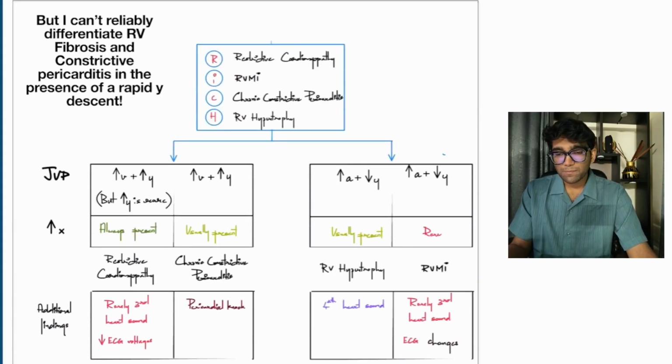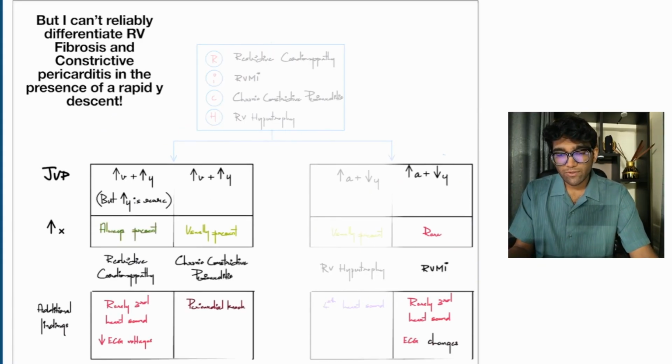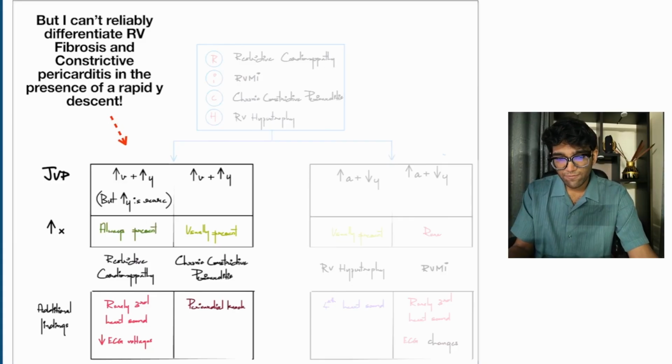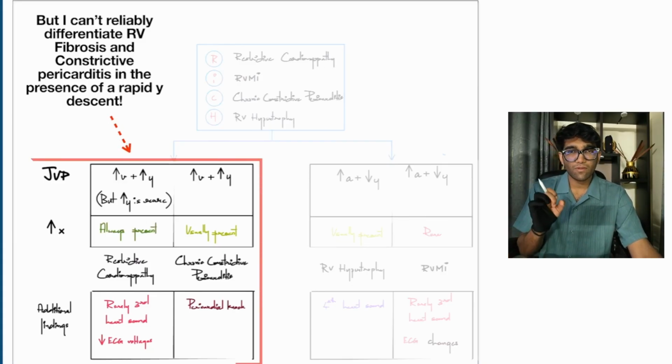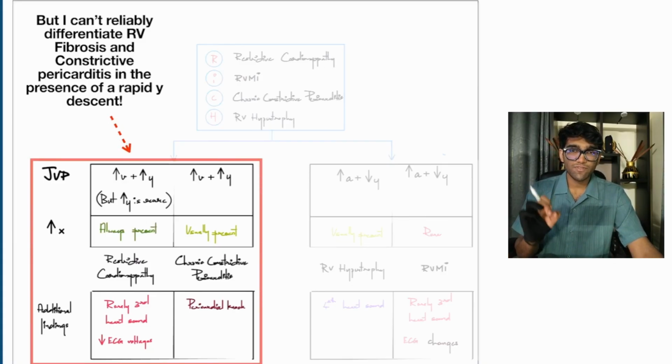However, as I've alluded to previously, if I have a large V wave with a rapid Y descent, I cannot reliably differentiate between restrictive cardiomyopathy and constrictive pericarditis. So this is the limit of our physical examination. Beyond this, it cannot really help us.